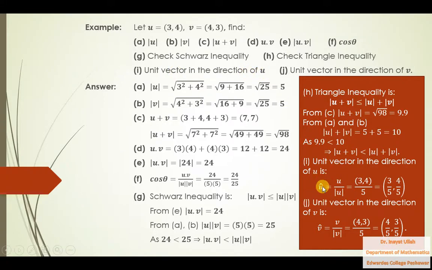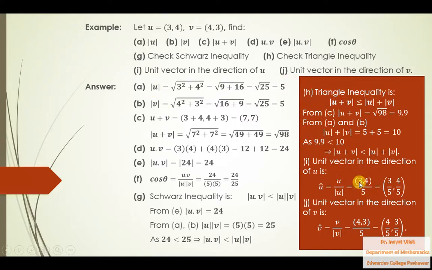The unit vector in the direction of u is u cap, obtained by dividing the u vector by its magnitude. The u vector is given as 3, 4, divided by its magnitude, which from part a is 5.